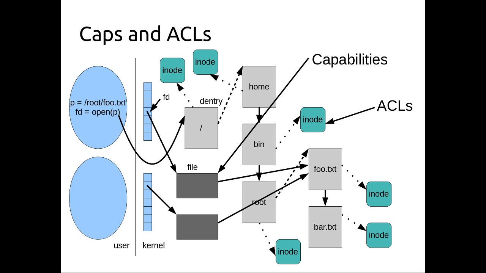Having the file descriptor alone denotes our ability to access that file or directory. So you can see that these are not always competing mechanisms, but instead systems are designed to try to use the benefits of each of them.